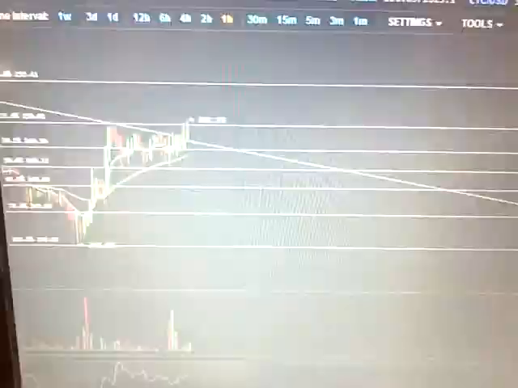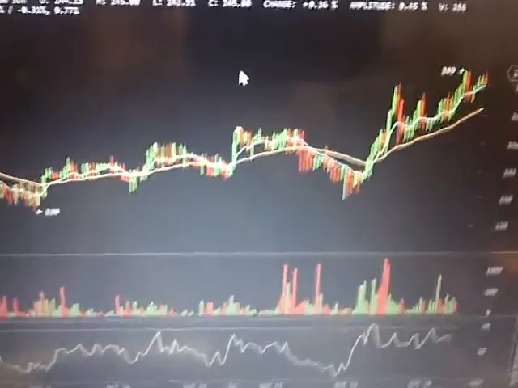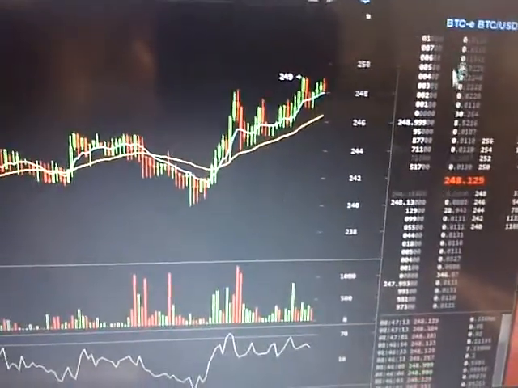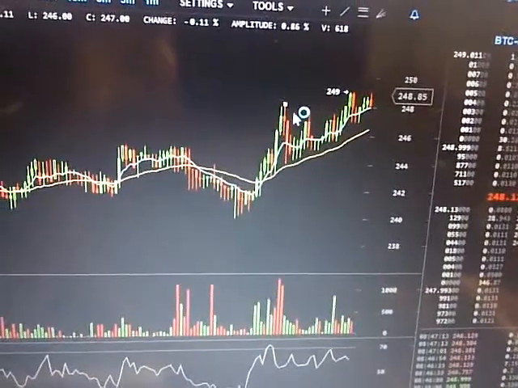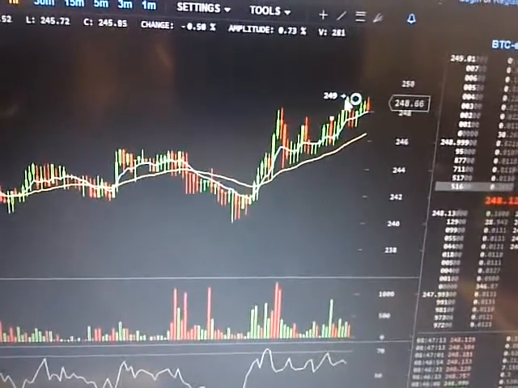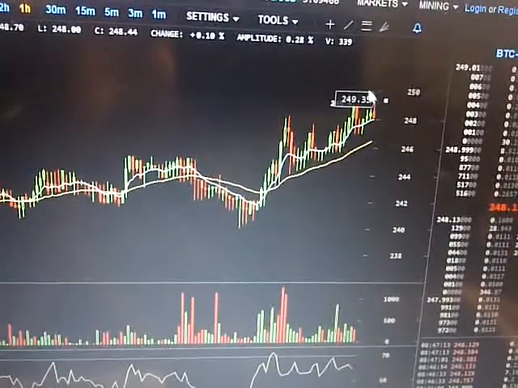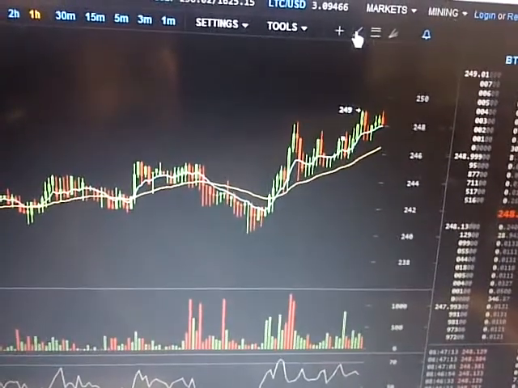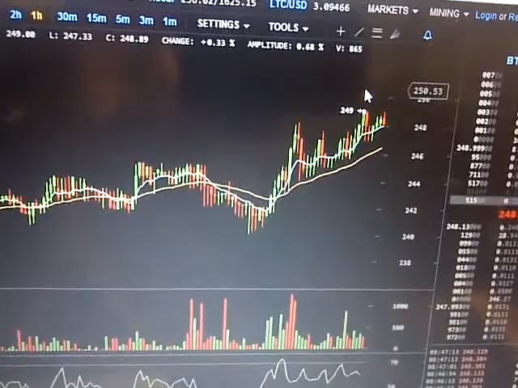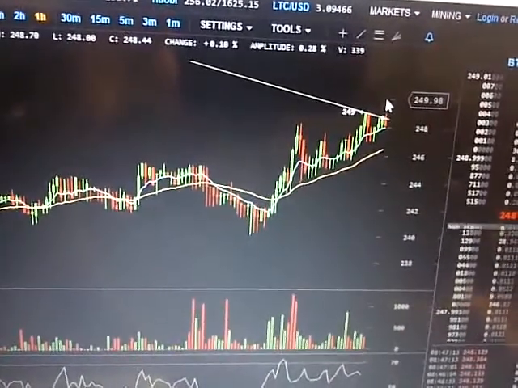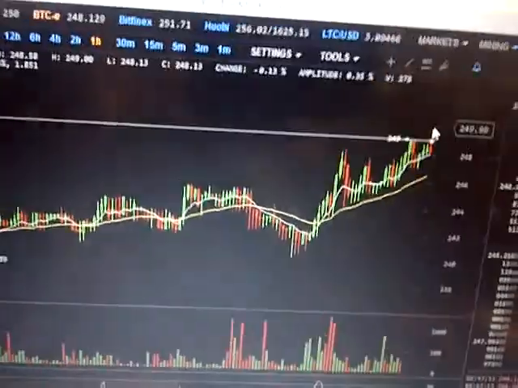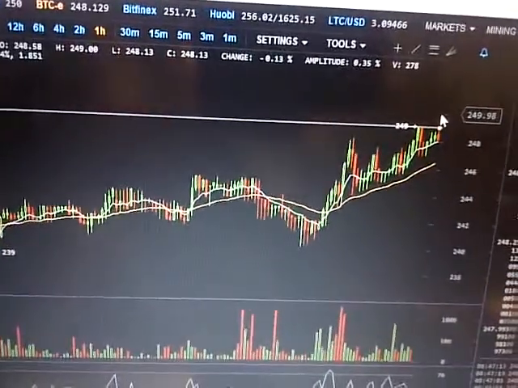I'll just go over real quick. On some of the other exchanges, however, it's a little different. This is BitC, and you see this was the high, but now this is the high, and so making a trend line going like, well, it's pretty much even now. Oh my gosh.